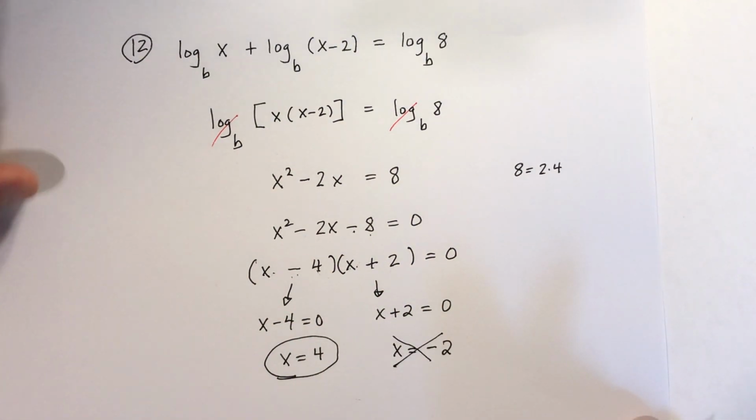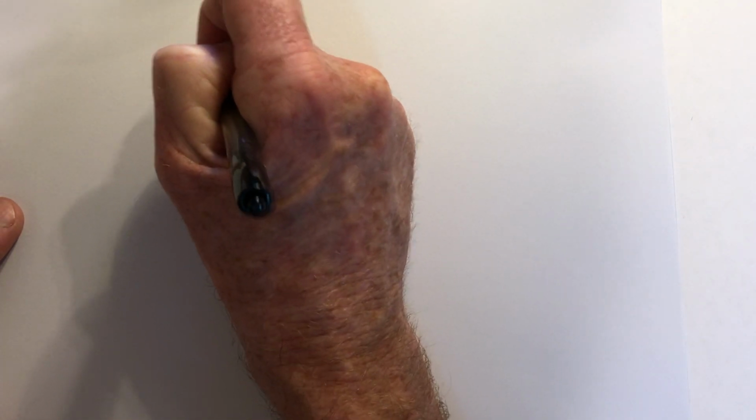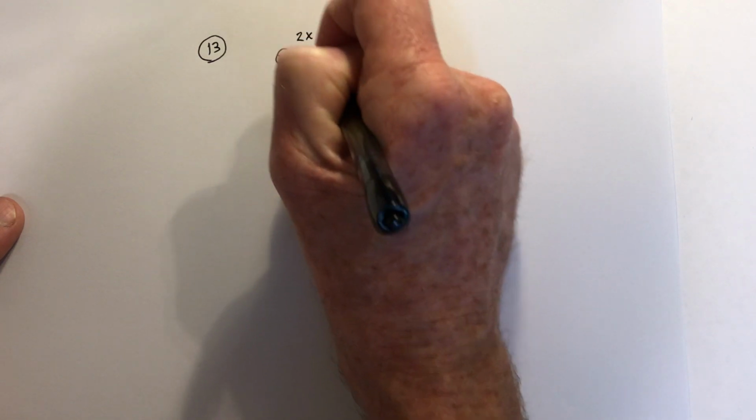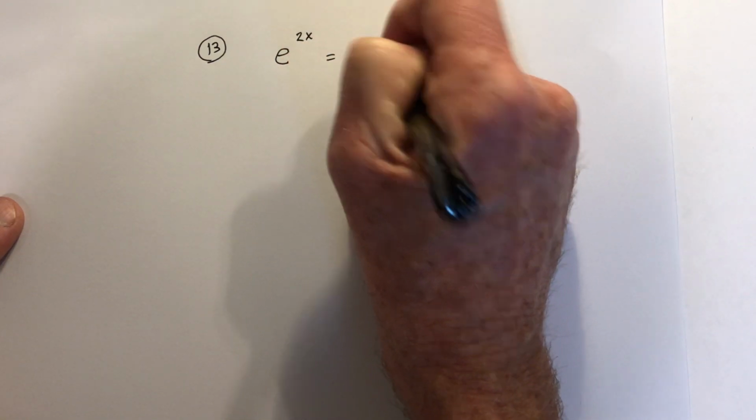All right. A couple more, and then we get to do some fun word problems. So with number 13, suppose it's e to the 2x equals 4.